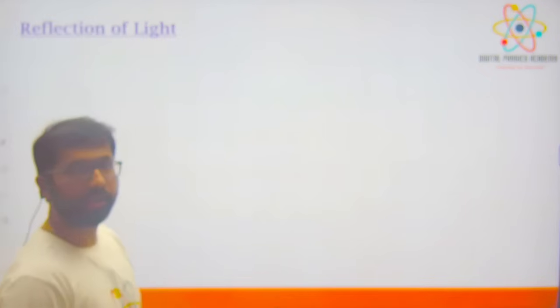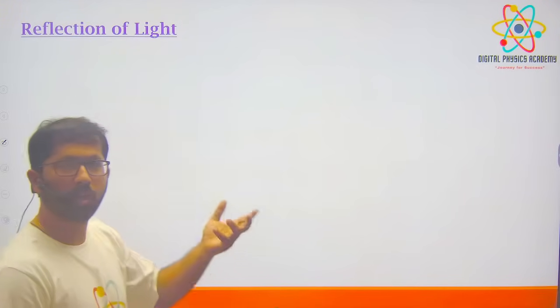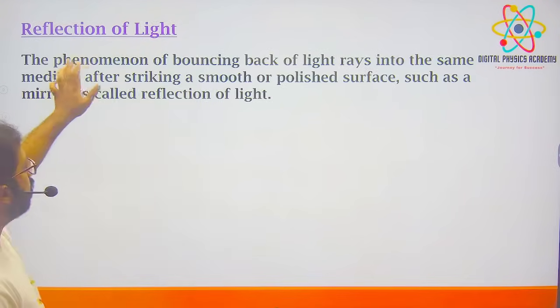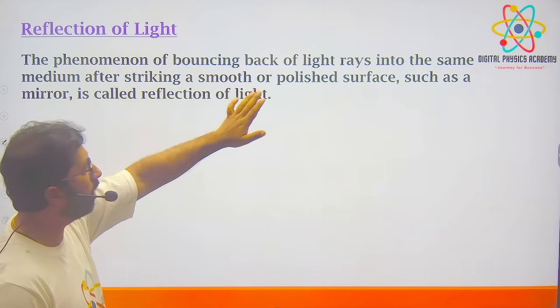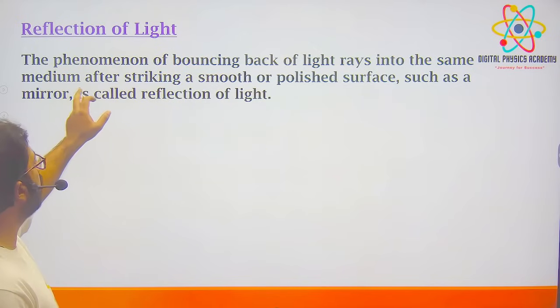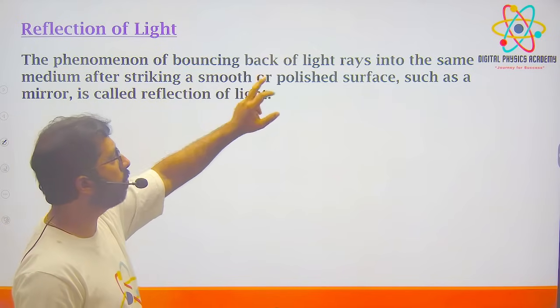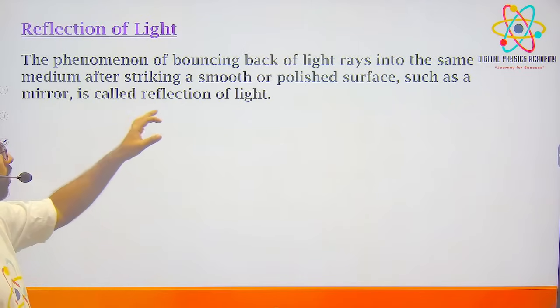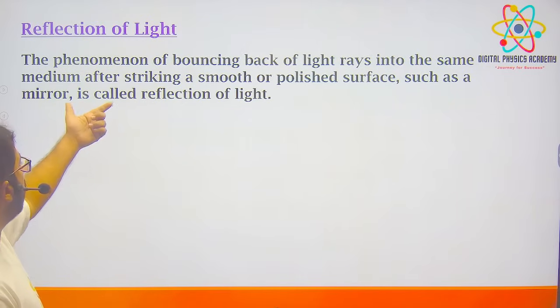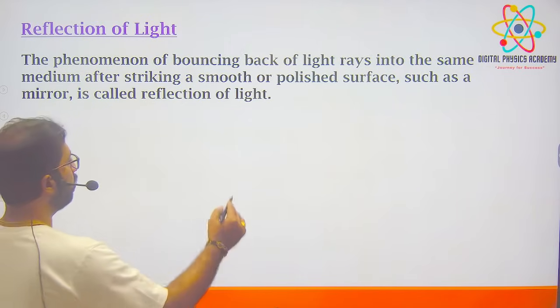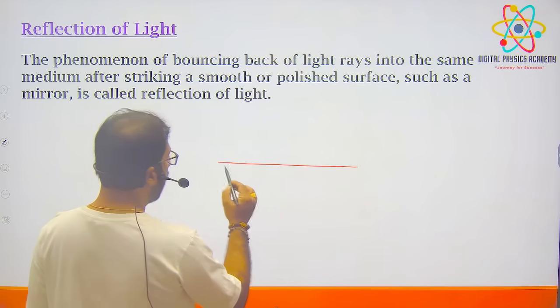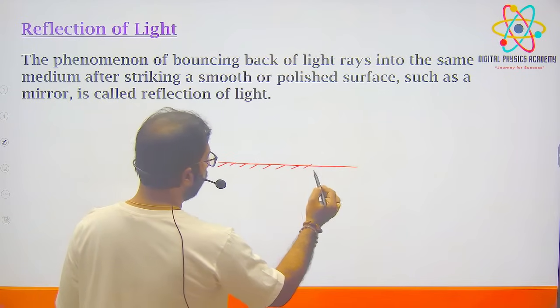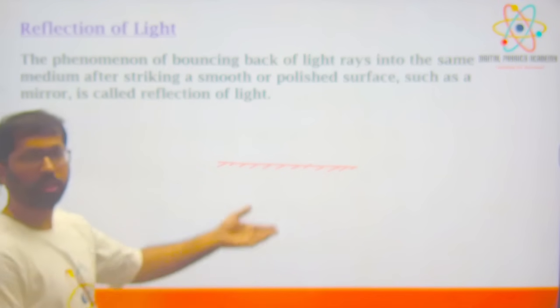Reflection of light. What is reflection of light? You know reflection of light, right? The phenomenon of bouncing back of light rays into the same medium after striking a smooth or polished surface is called reflection of light. So simply, what is it? Bouncing back of a ray of light. Suppose this is a polished surface or plane mirror.